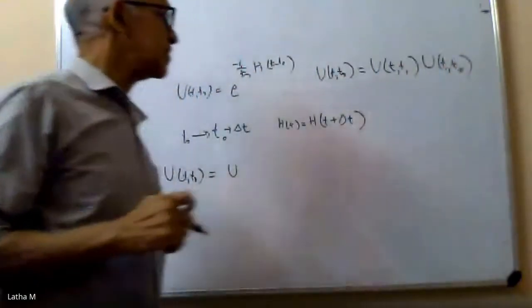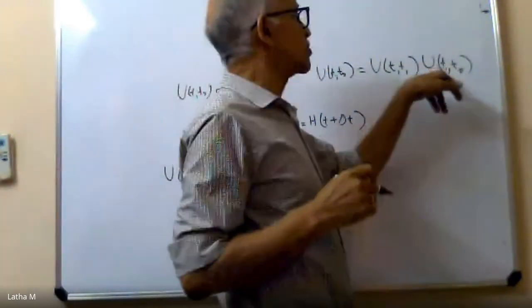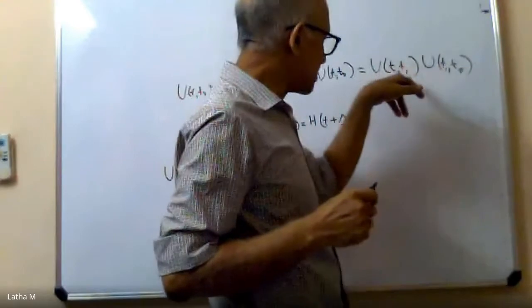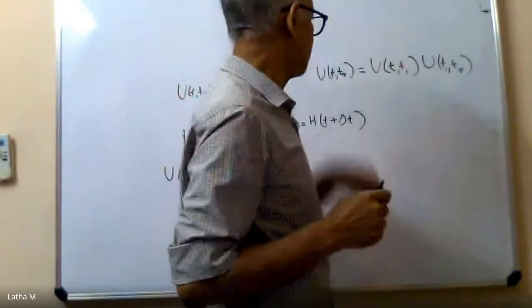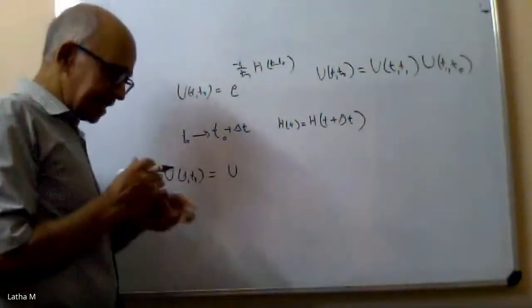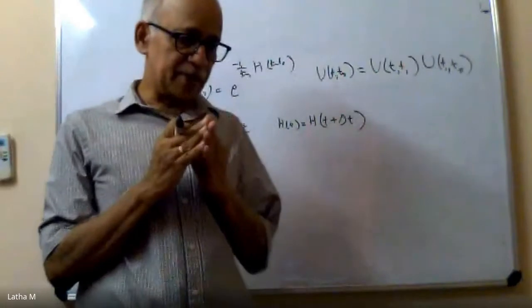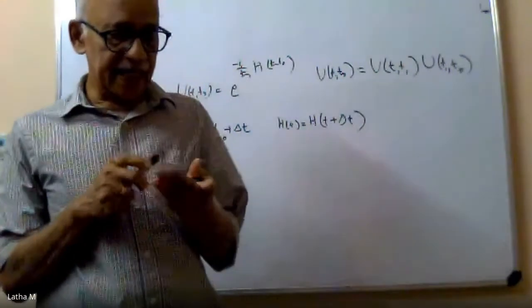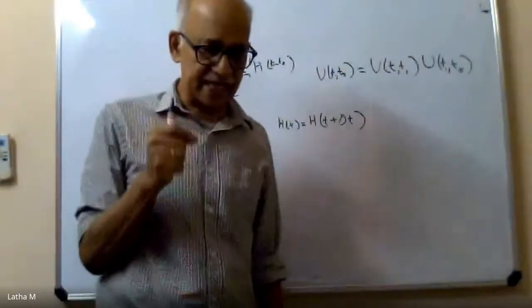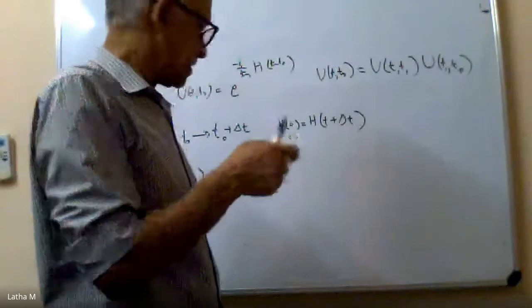This is also true. This time evolution operator brings from t0 to t1, and this one brings from t1 to t. By using that property, I am dividing the time interval between t0 and t into small slices of width delta t, and I bring from one point to the other consecutively.